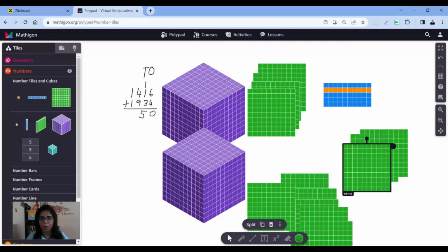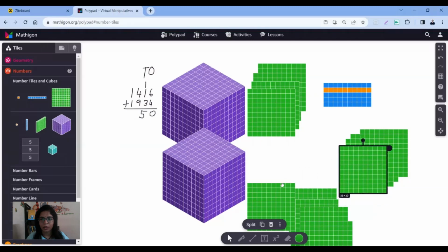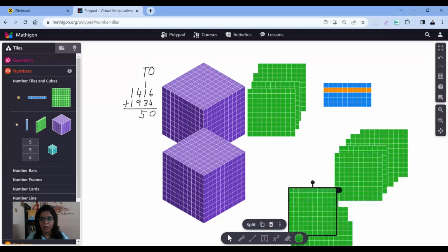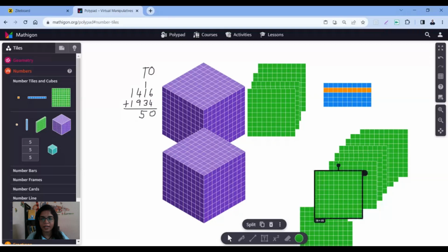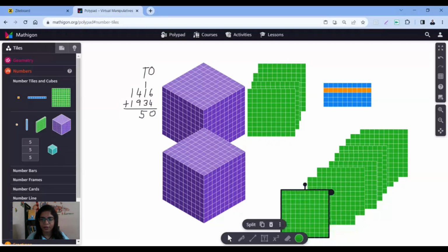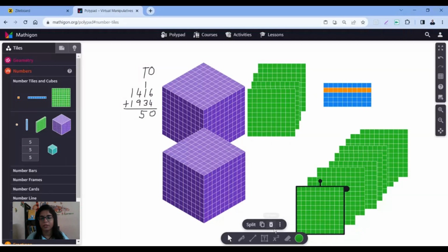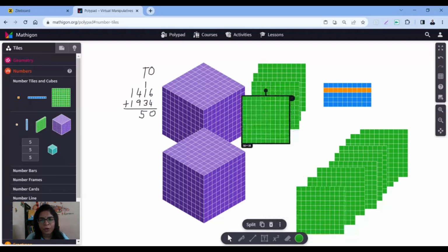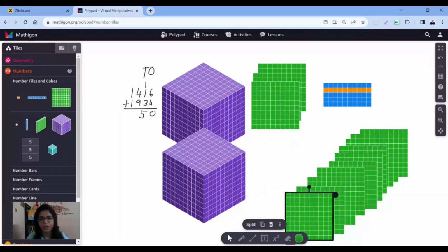Okay, so when we put all this together, how many hundreds are there? The nine hundreds are there, right? Nine hundreds are there, correct? Nine hundreds are there. And we are going to take one of the hundreds here and put it here.